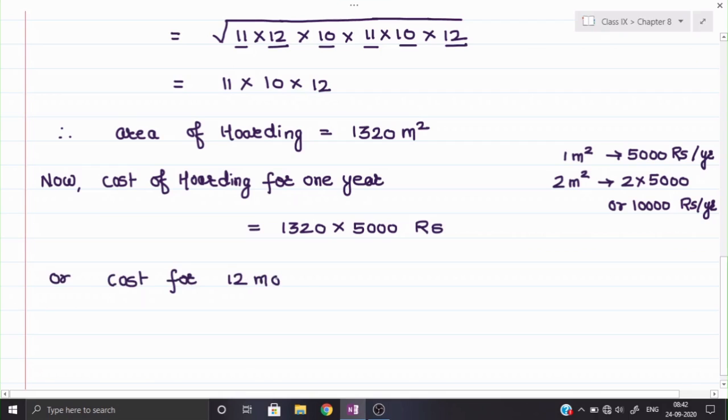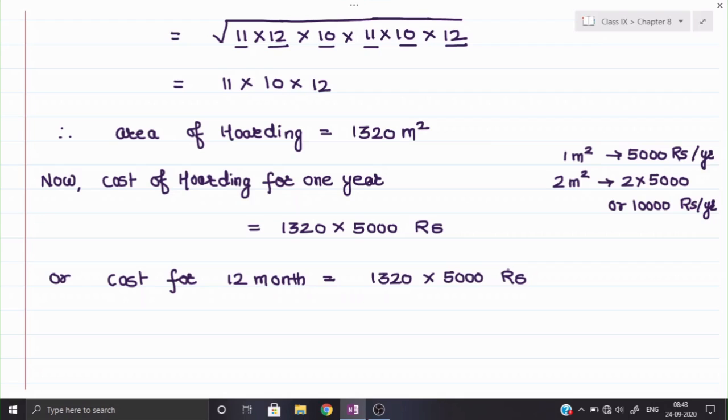Cost for 12 months would be 1320 multiplied by 5,000 rupees. 1 year or 12 months has no different meaning, it is the same; only the units are different, whether we say year or month. Now you see, for 12 months the cost is 1320 into 5,000. I have not multiplied yet; later on we can multiply.